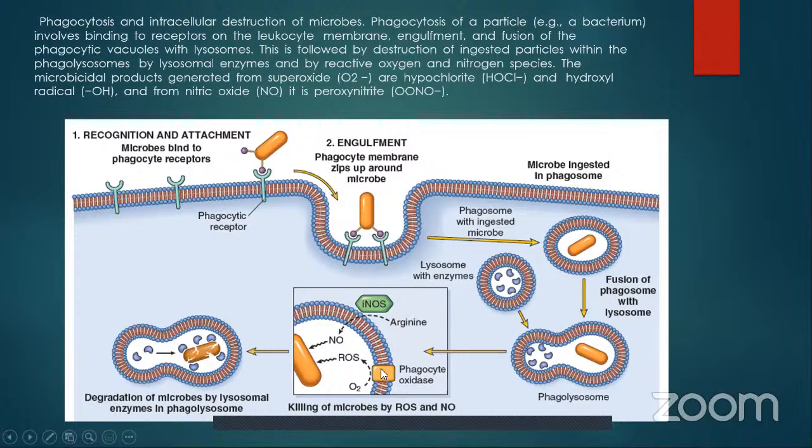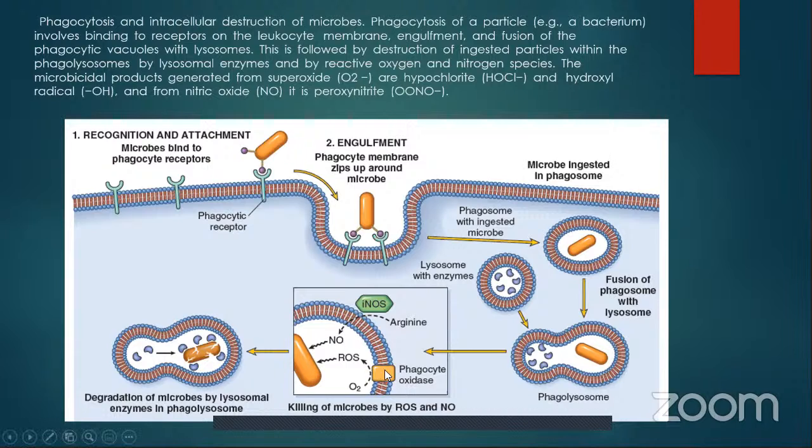Now that results in the cleaving of oxygen into reactive oxygen species. Then we have an enzyme called MPO within the neutrophils. So the hydrogen peroxide present within the granules of the neutrophils is going to be cleaved into the superoxide radical, which will result in the destruction of the microbe.